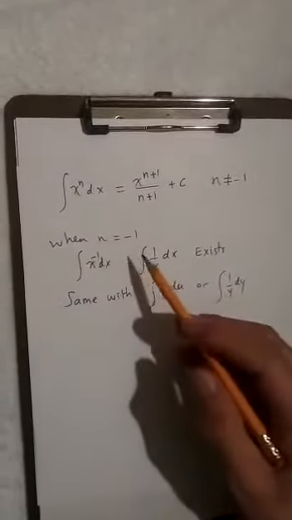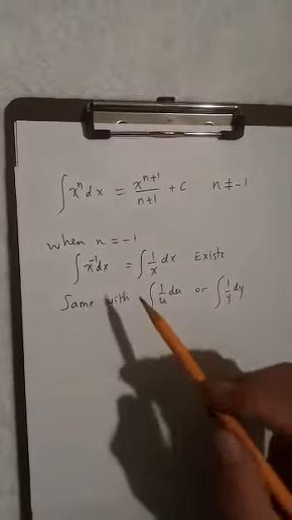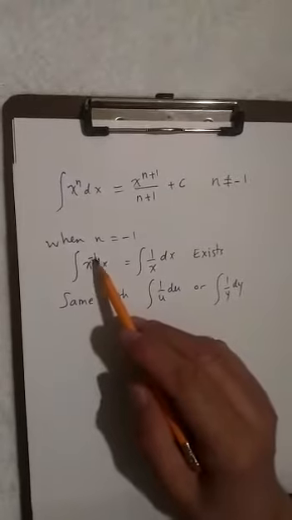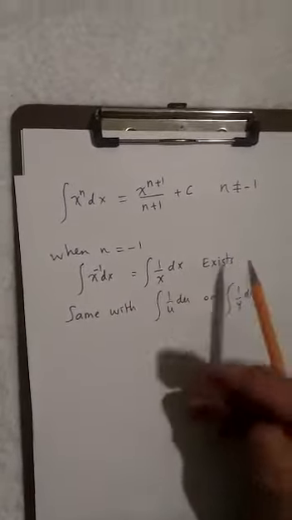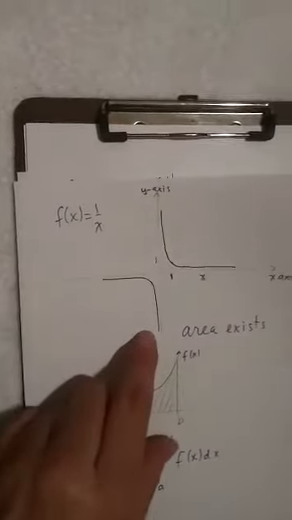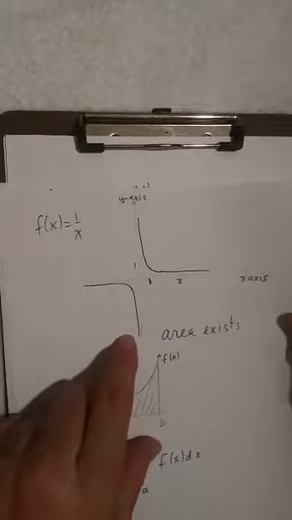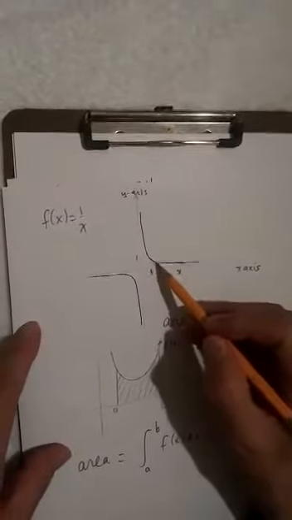When n equals minus 1, that's exactly the function we're looking to integrate. When n equals minus 1, x to the power minus 1 is the same as 1 over x. This is the function whose graph I just showed. If we wanted to find the area under this graph, the area exists. Here it is.